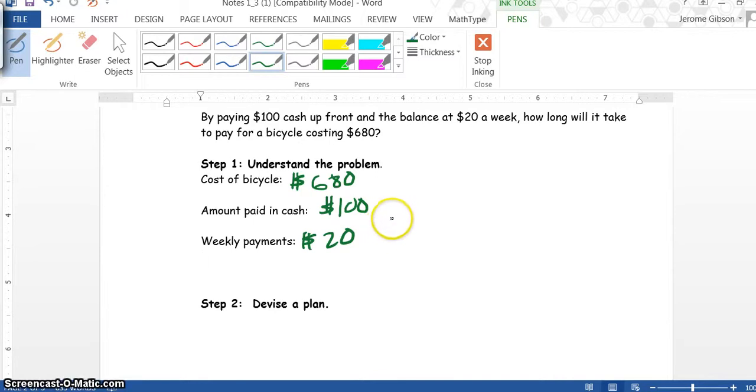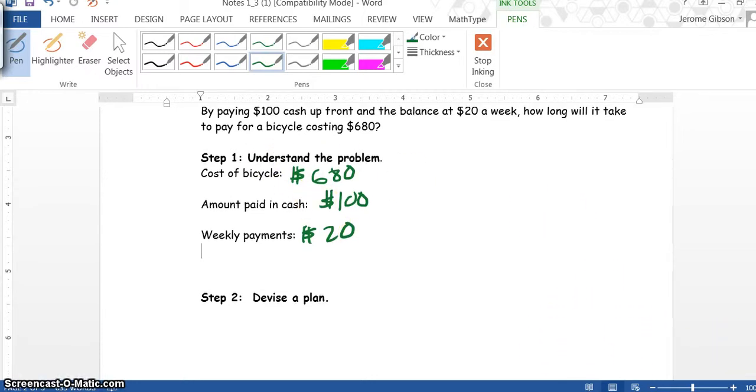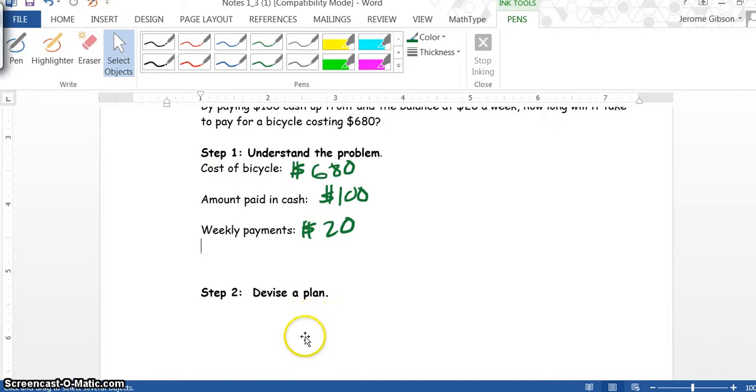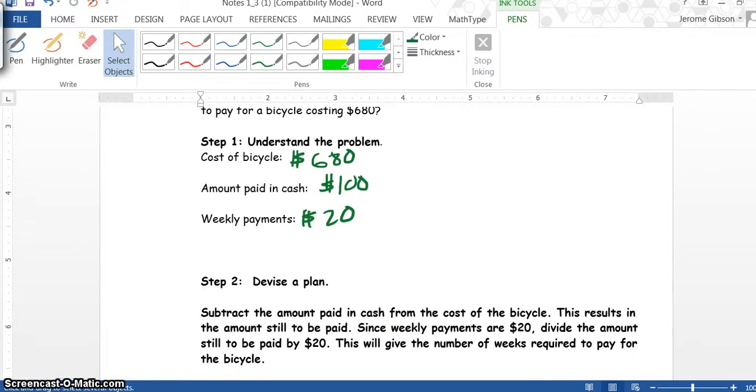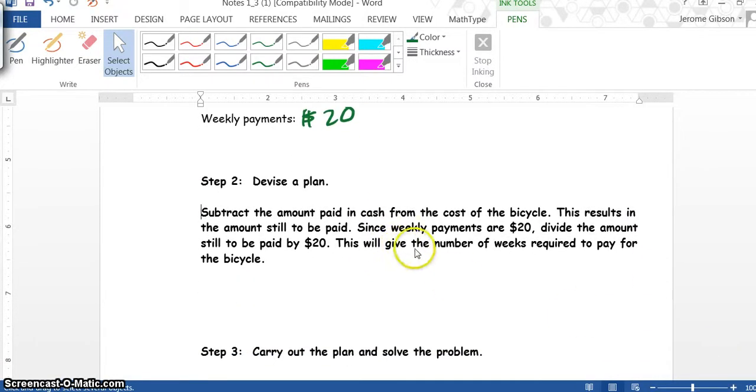Then to find out how many weeks that we would need to pay for it, we would take that amount after subtracting the 680 and 100 and then divide that amount by 20. And that would tell us the amount of weeks that we have to pay. Now, I wrote it out here. And so now you could copy this down. You could copy it at your leisure. And you could pause the video and copy it down.